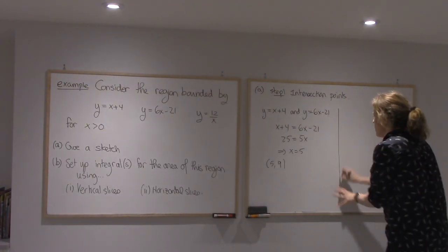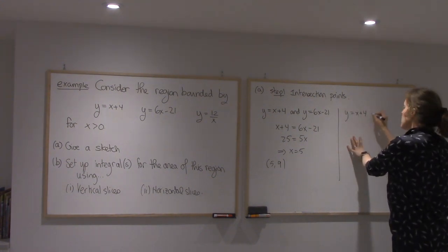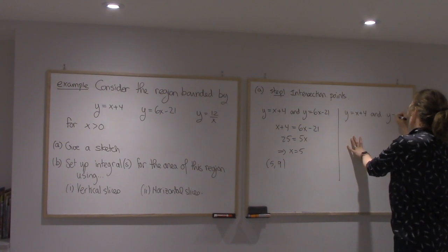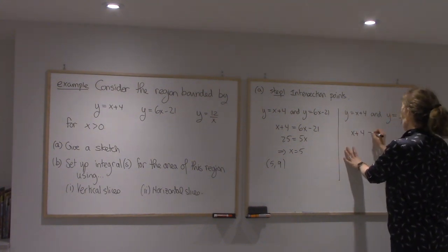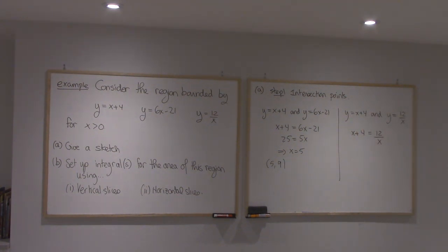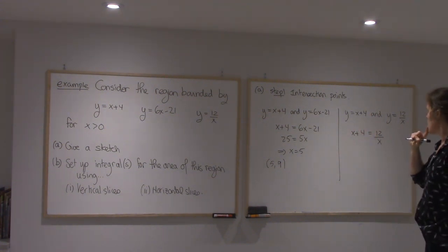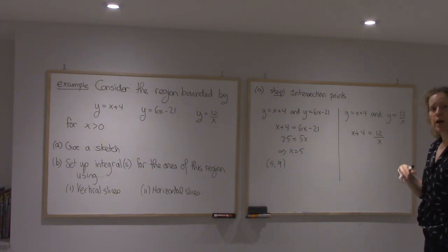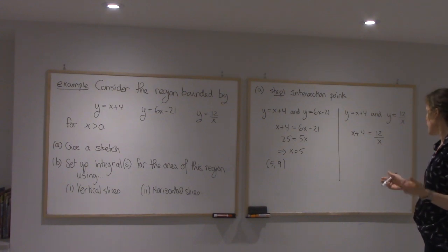So let's put a line. If y is x plus 4 and y is 12 over x, to solve this one algebraically, I want to multiply by x. Then I'm going to get a quadratic equation that we can solve either by factoring, by completing the square, or by quadratic formula.